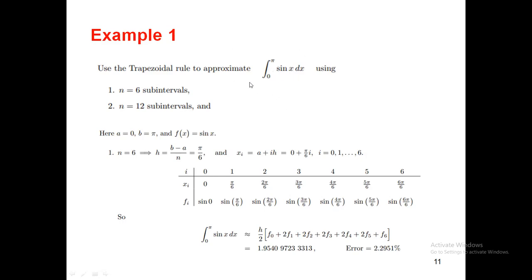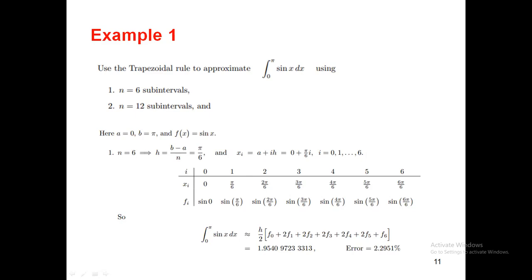You divide it by this actual value because this one, when processed in your calculator, will be more accurate. So the error computed should be 2.2951. Now, any question? Okay, so this is just a review anyhow.